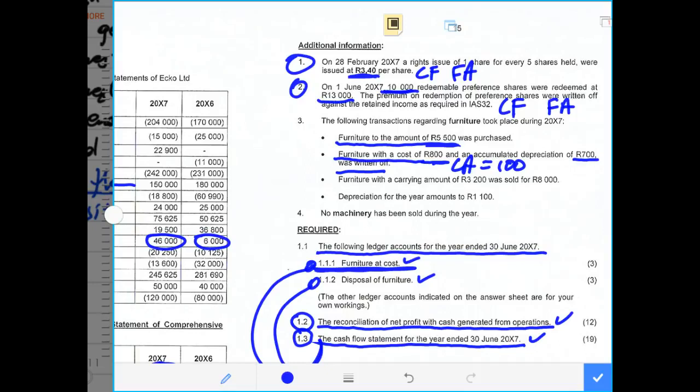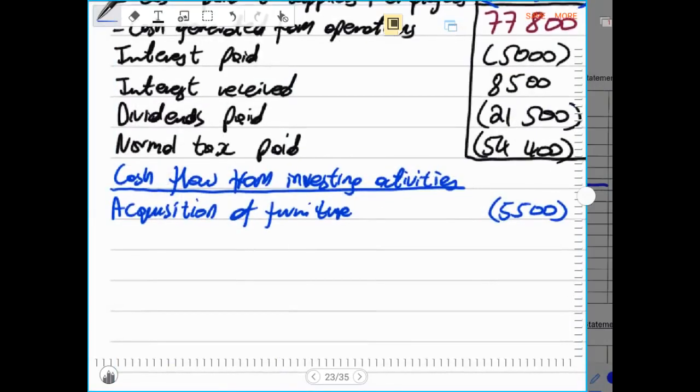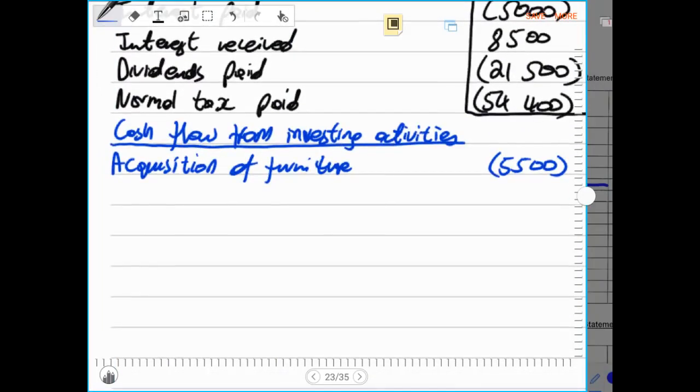The next one is the third bullet point, where they say to us furniture with the carrying value of 3,200 was sold for how much? For 8,000. This is money that we received. We sold it for 8,000 rands. And any money that you receive because of the sale of an asset must go to cash flow under investing activities.